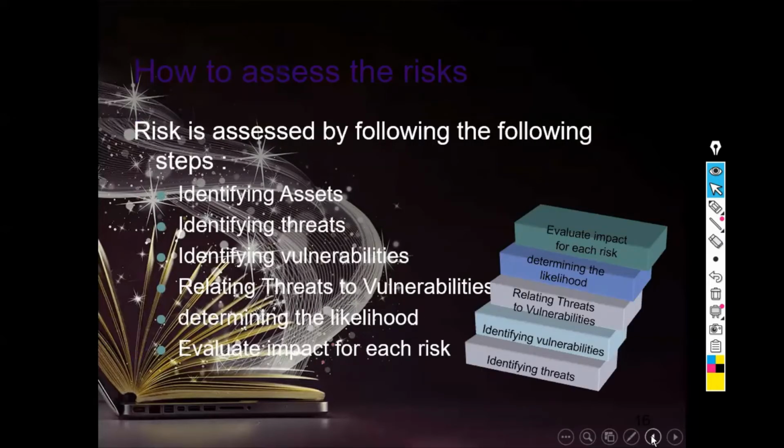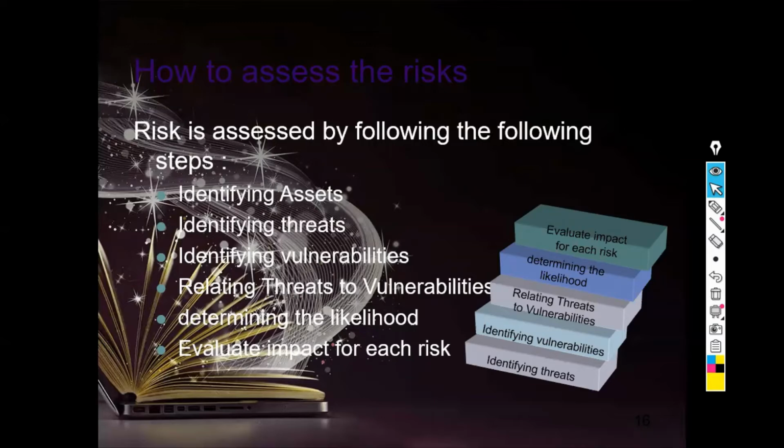Now, how to assess the risk? We are going to use the following steps to assess the risk. The first thing is to identify the threat. Then we need to identify the vulnerability. The third thing is relating threats to the vulnerability, whether the threat is related to the vulnerability or not.